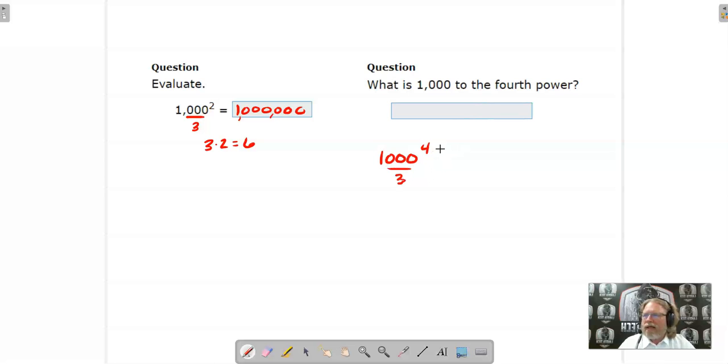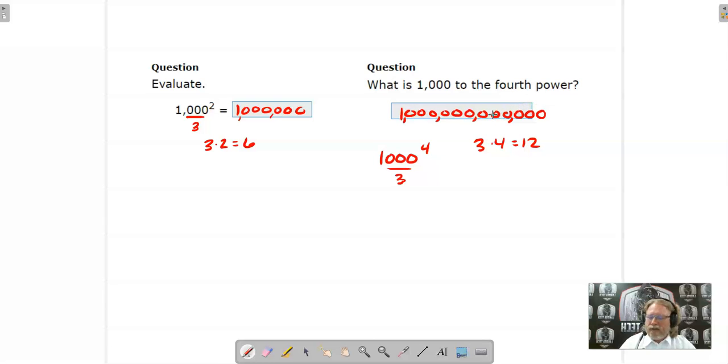So 3 times 4 equals 12, so I need a 1 with 12 zeros. 1, 2, 3, 4, 5, 6, 7, 8, 9, 10, 11, 12. And I think this one's going to test me even further. Trillion, I believe. Thousands, millions, billions, trillion. 1,000 to the 4th power is 1 trillion.